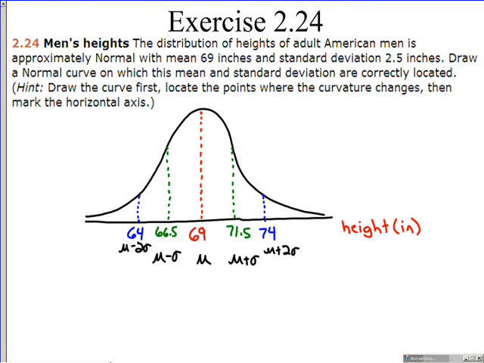And finally go out to the third, 76.5 and 61.5, measuring the mean minus 3 standard deviations and the mean plus 3 standard deviations. So there's what our curve would look like.